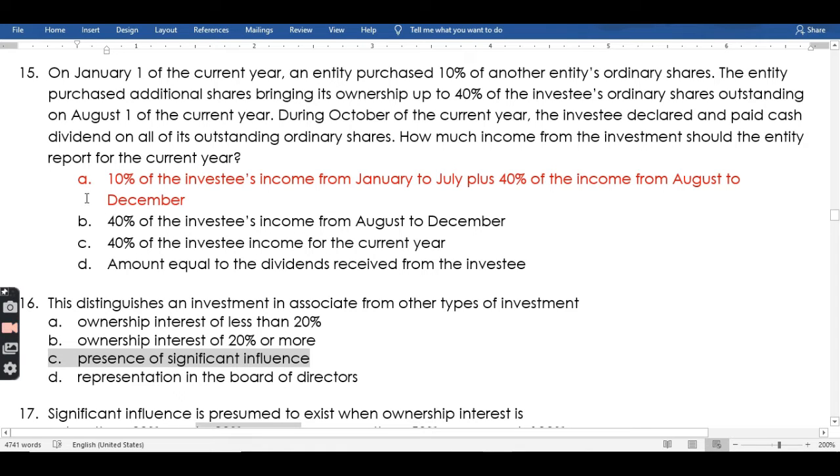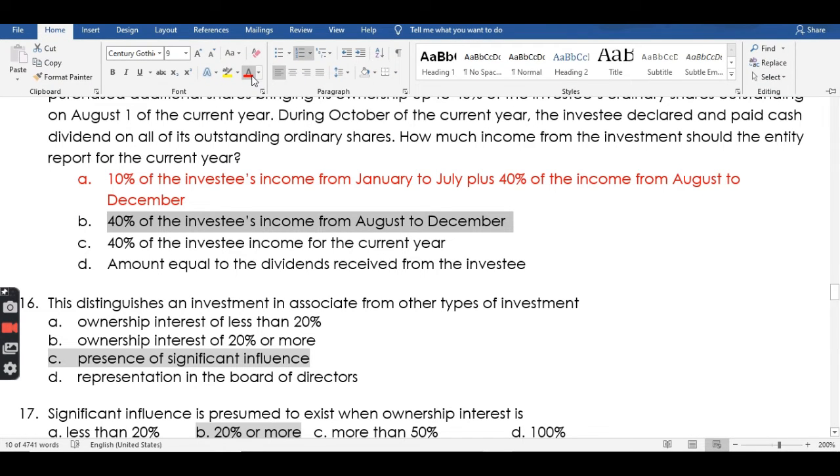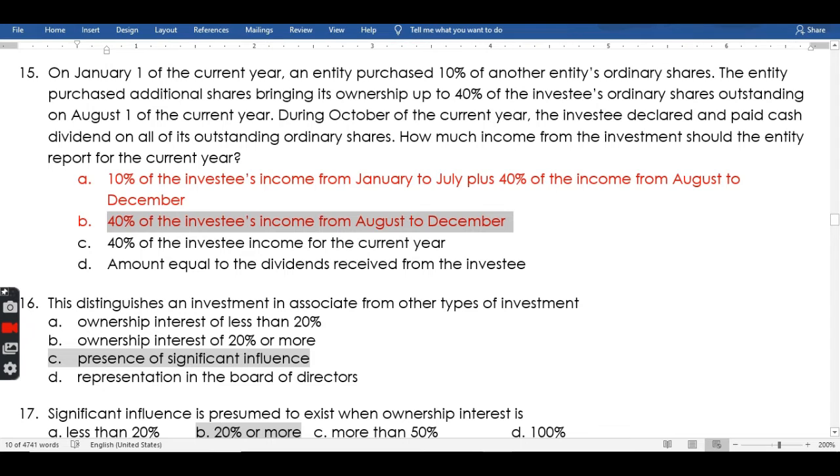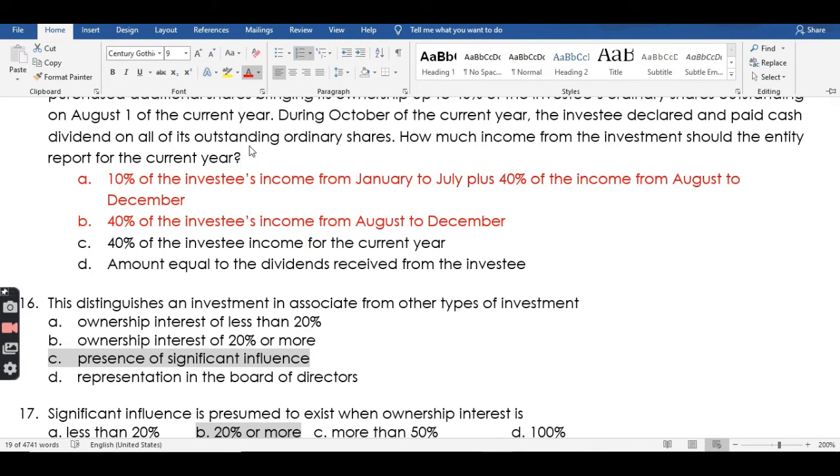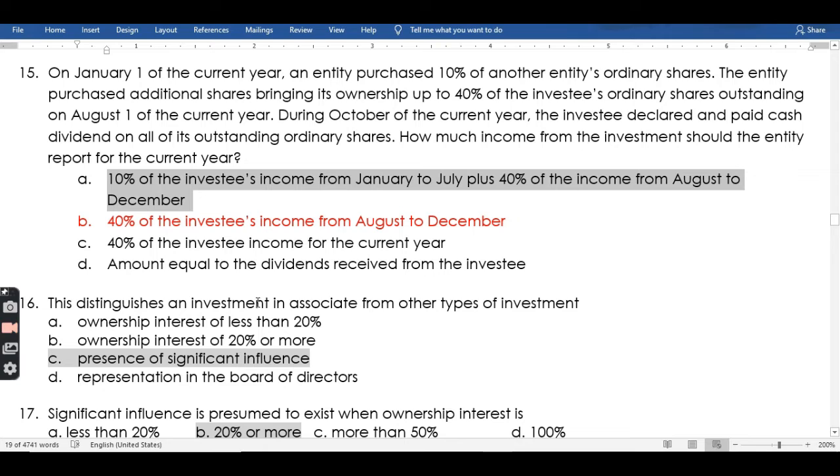Mali itong sagot na to. Hindi ito. Ang sagot ay 40% of the investee's income from, kailan nagkaroon ng significant influence? August, no? Ito dapat ang sagot. Sorry, mali yung nalagay kong answer. Yan. Kasi ang concept niyan, prospective lang ang treatment natin sa equity method.